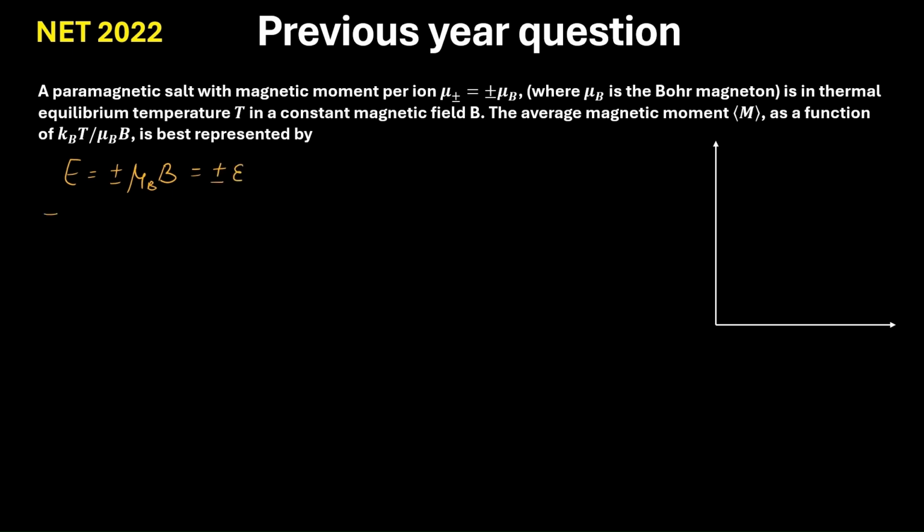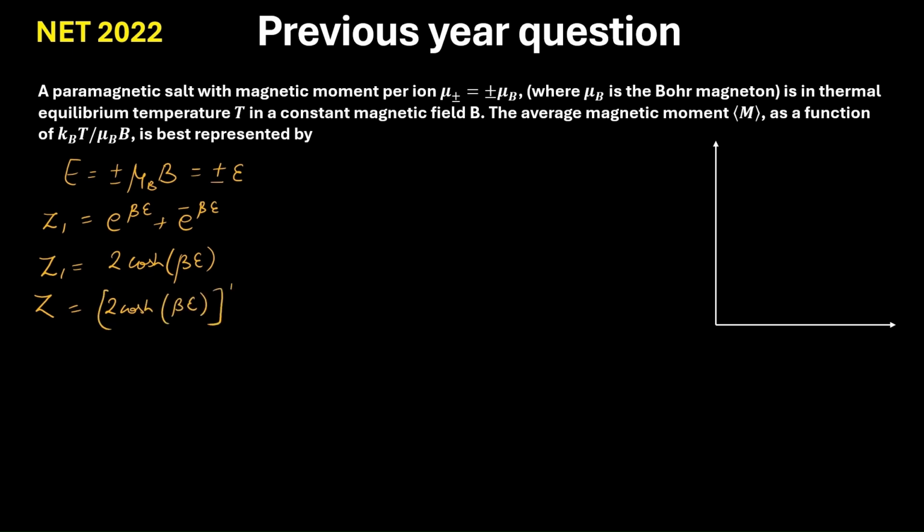Now I can write the partition function for a single dipole. It will be e to the power beta epsilon plus e to the power minus beta epsilon, which we can simplify as 2 cosh beta epsilon. Now for n particles, it will be 2 cosh beta epsilon to the power n.